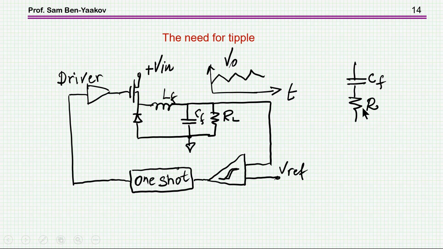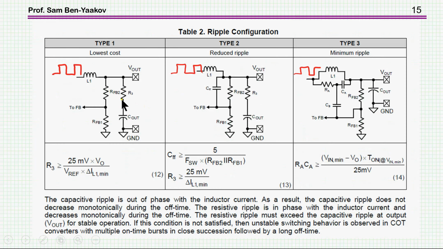Relying on ESR or relying on a small capacitor are not the best way to go, as I'll explain a little bit later. What is usually done is to add a resistor to get the ripple here. You do need a minimum ripple for the controller to operate.